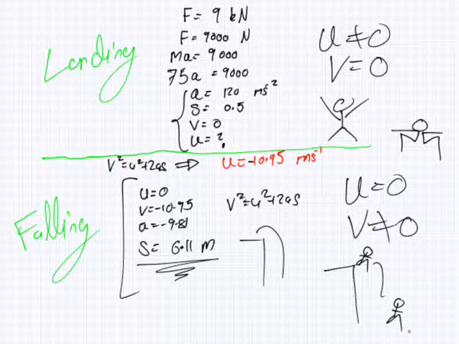A is minus 9.81, so now I can get my answer of S by again using V squared equals U squared plus 2AS. So S is 6.11 meters. So this is the maximum he could jump.